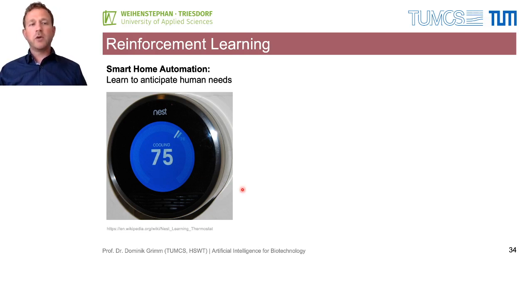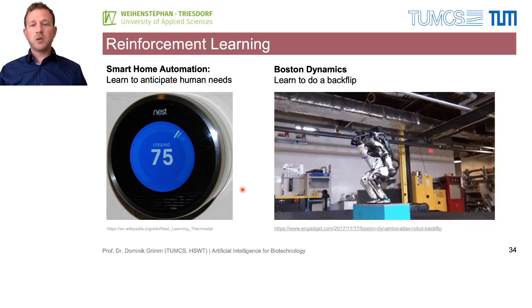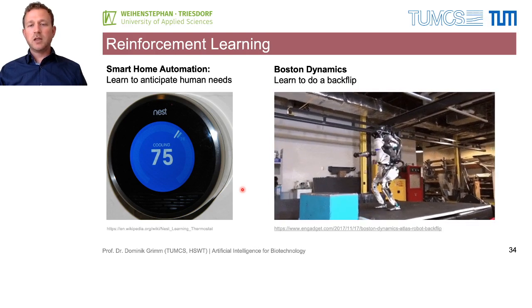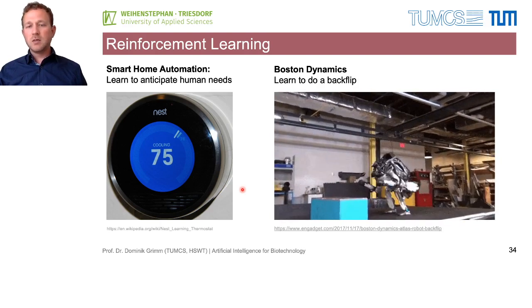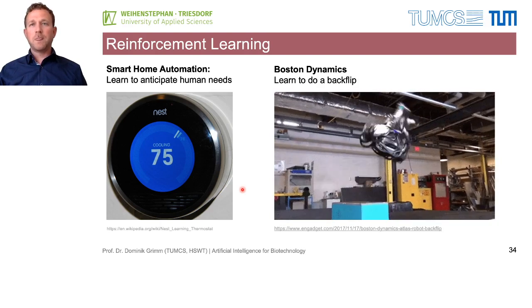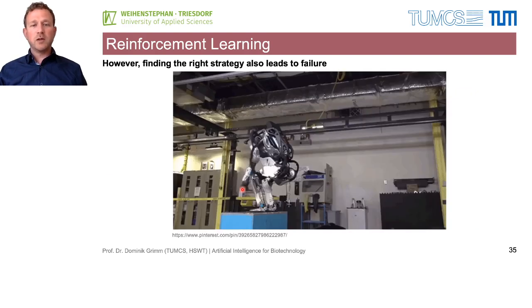Another example where reinforcement learning is very successful is in robotics. There is a company, Boston Dynamics, and for example here they taught a robot to do a backflip. It sounds easy, but it's a super complicated task. However, reinforcement learning very often also leads to failure.